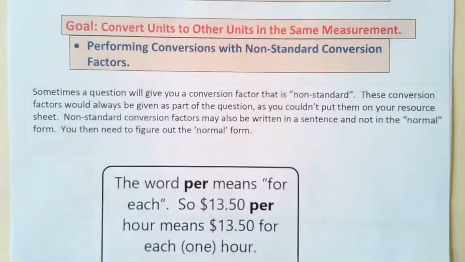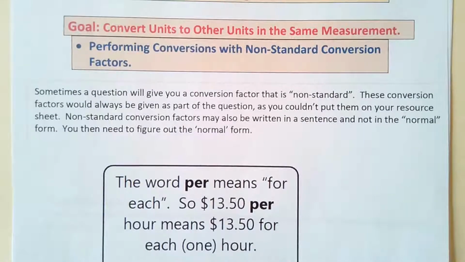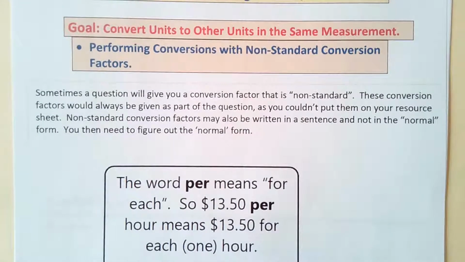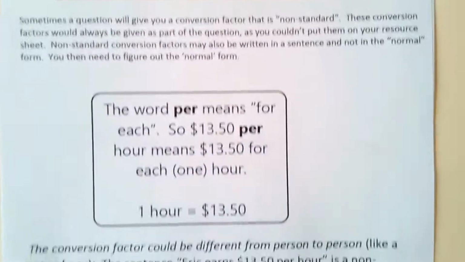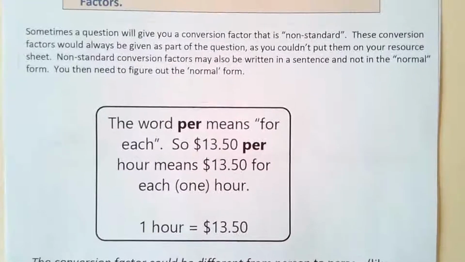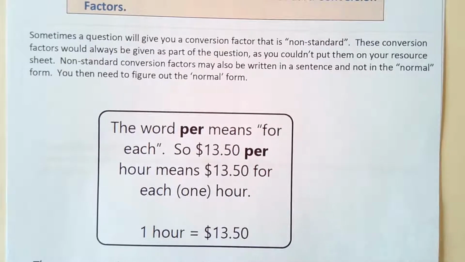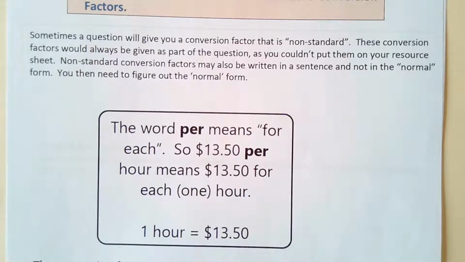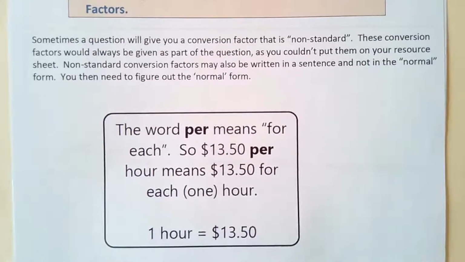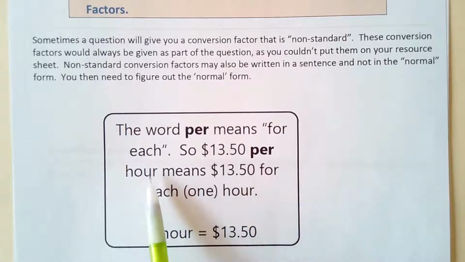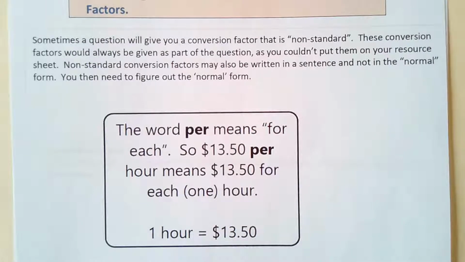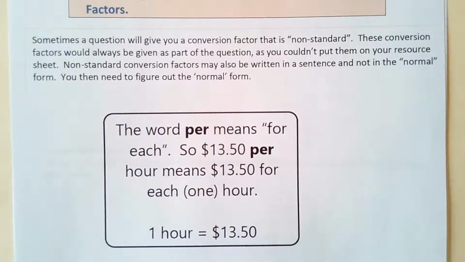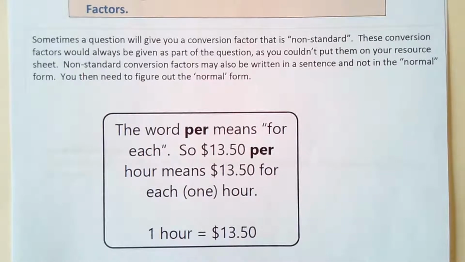Now, there are times when we don't have standard, we have non-standard ones. For example, if you're looking at someone's pay, they're getting paid an hourly wage of $13.50 per hour. This means 1 hour you get paid $13.50. So this is a non-standard factor.